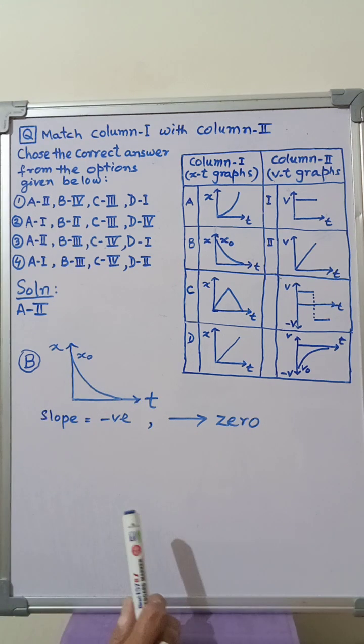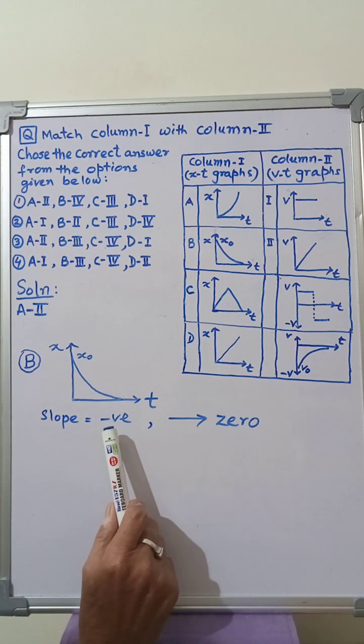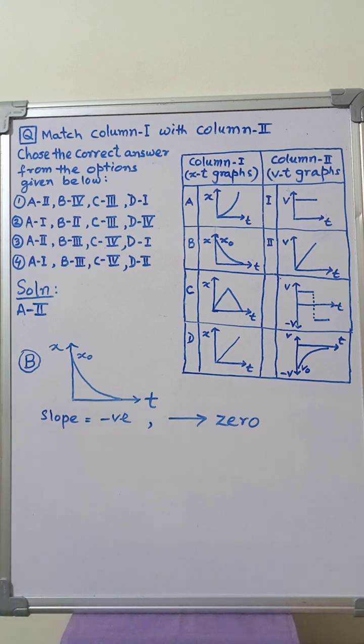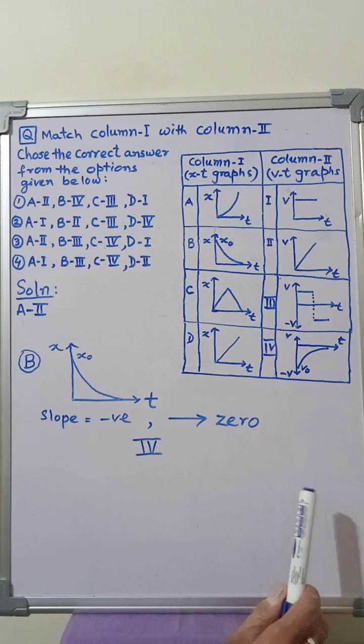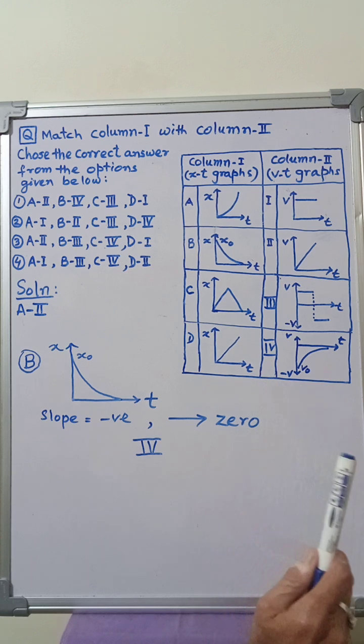Therefore, the corresponding velocity should also be negative and it should be approaching 0. Therefore, the corresponding VT graph should be the VT graph given in option 4.